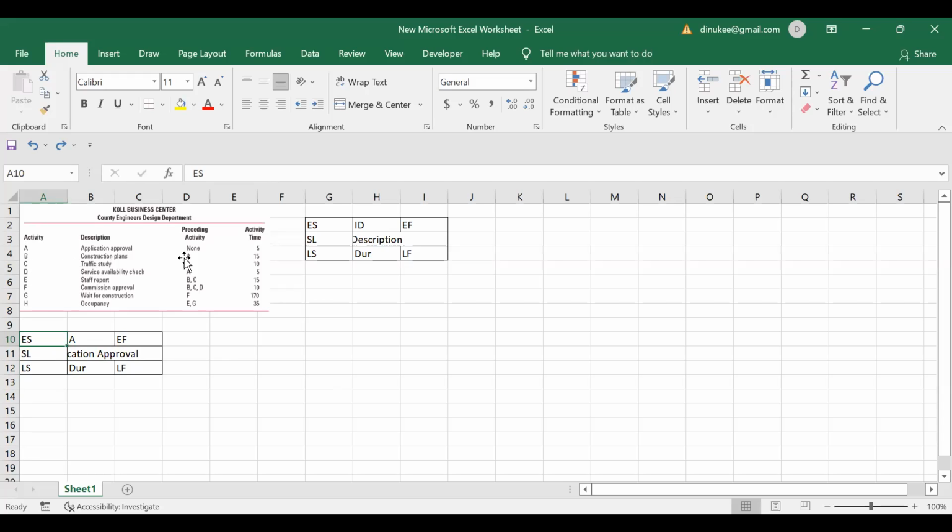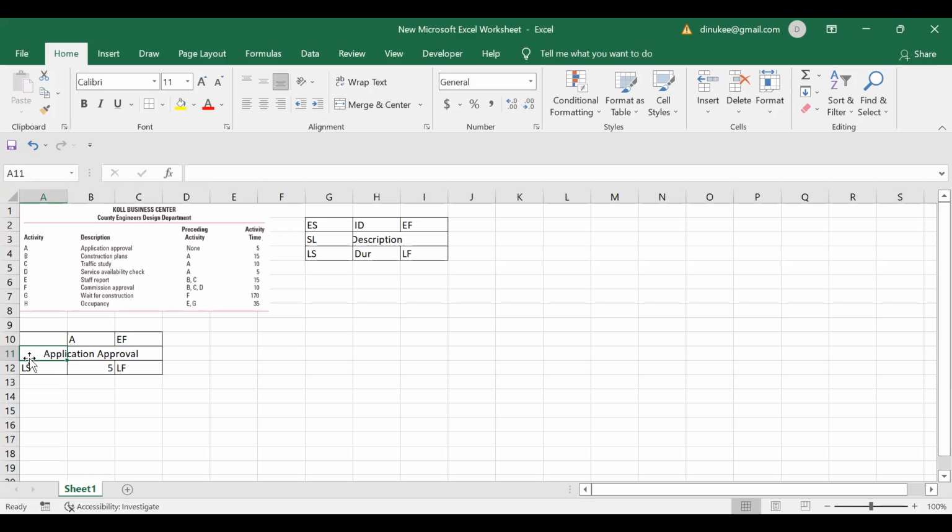So you can see the activity B. Activity B is preceded by activity A. The preceding activity for the activity B is A. Therefore, after completing this activity A, you can start your activity B. So the duration for the activity A is 5. Those things can be filled.